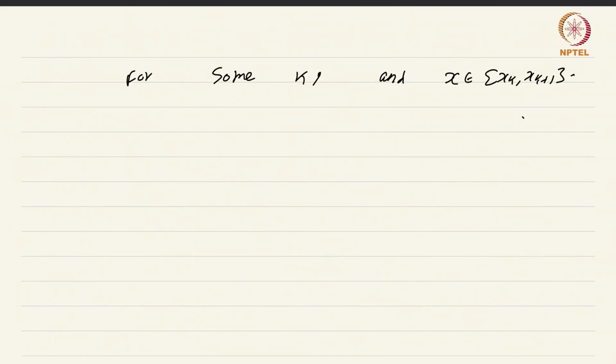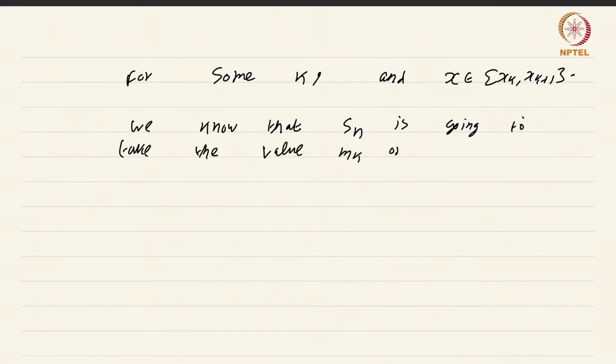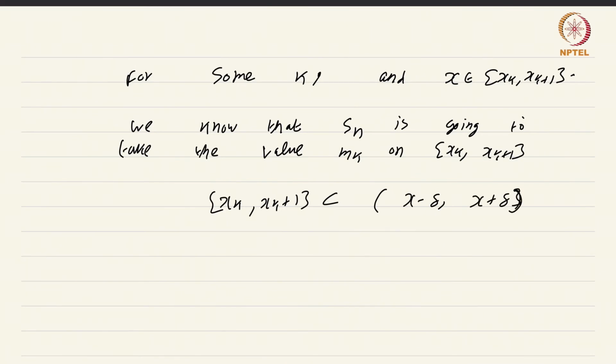Okay, so we know that Sn is going to take the value little mk on xk plus 1. But by the way we have set up things, xk plus 1 is a subset of x minus delta, x plus delta, which means this mk will have to be greater than f of x minus epsilon.